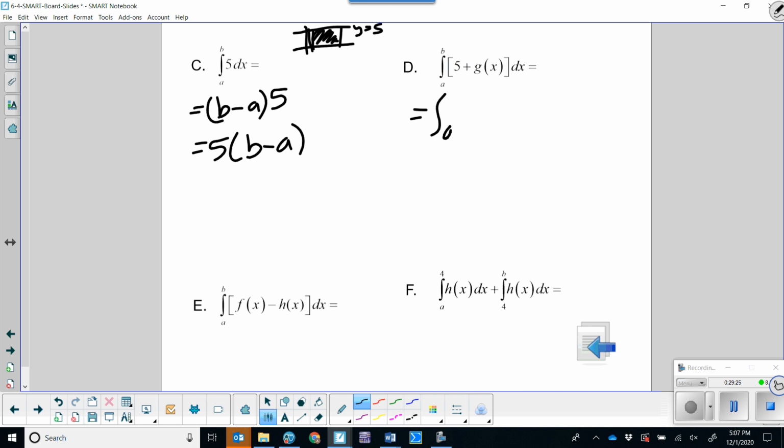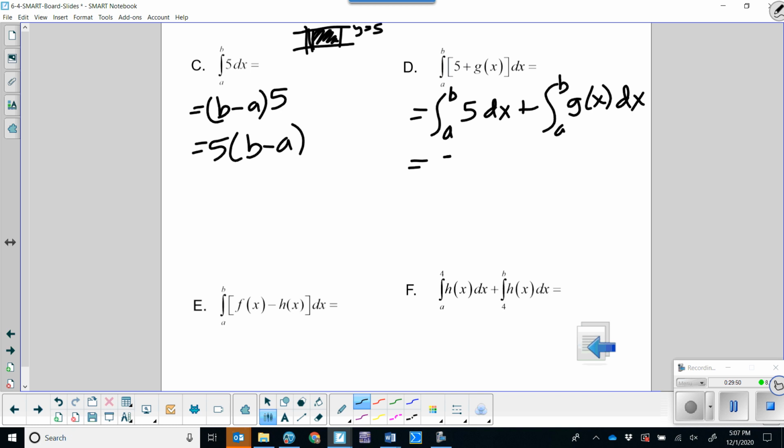So for D, we could do this in 2 ways. One way is just say, okay, go from A to B of 5 dx plus the integral A to B of g of x dx. And actually, we're just going to do this one way now. I'll show you another way to think about it later that can be kind of helpful. So the last property that we had on there was that if you're adding or subtracting different functions, you just do each of those integrals separately.